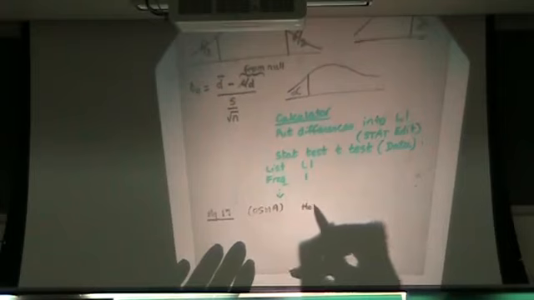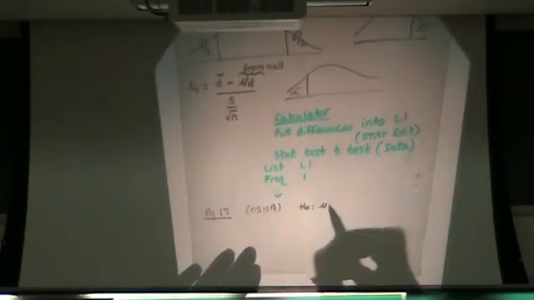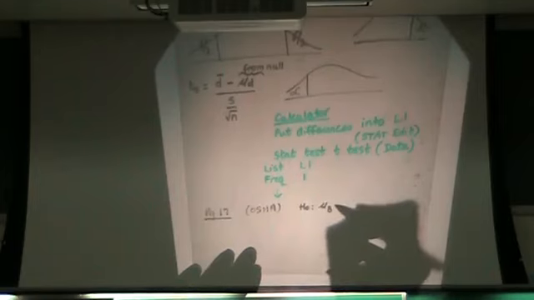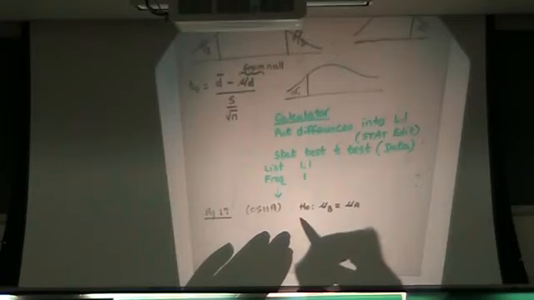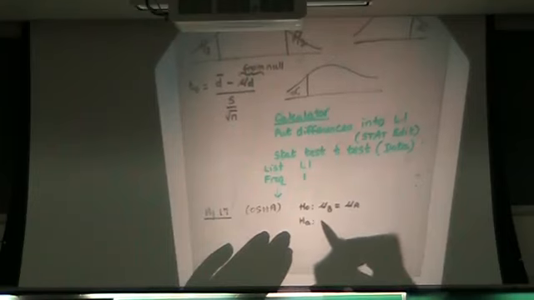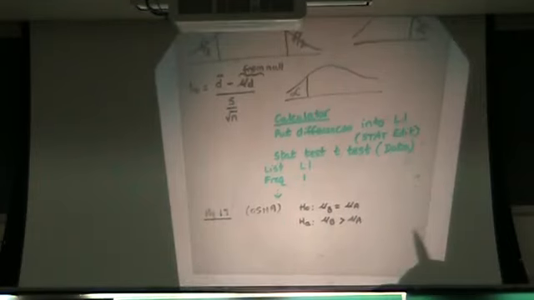H naught is that mu before is equal to mu after, and HA would be that mu before is greater than mu after, because they're saying, has it reduced?